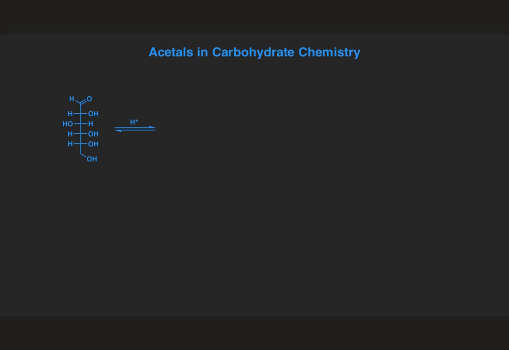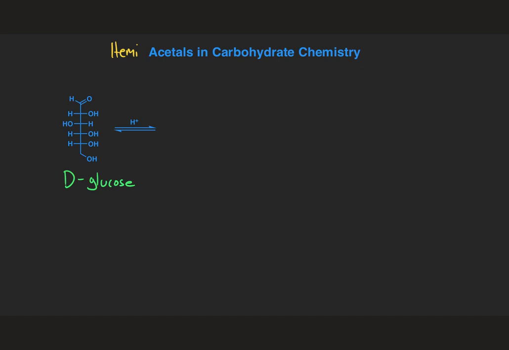Another common place that acetals, or really hemiacetals, show up in chemistry is carbohydrate chemistry. So right here we have the molecule D-glucose in its linear form. And under acidic conditions, this molecule will cyclize.